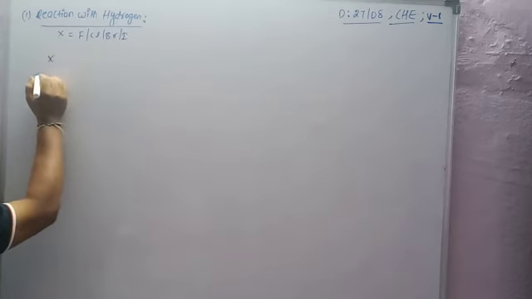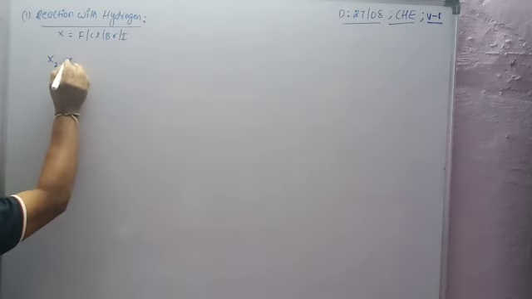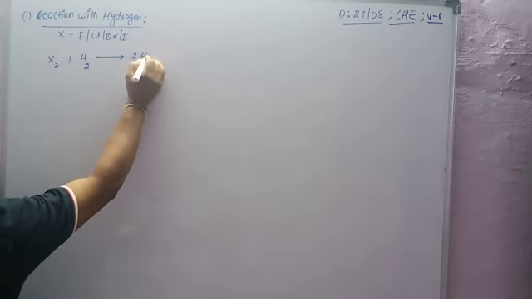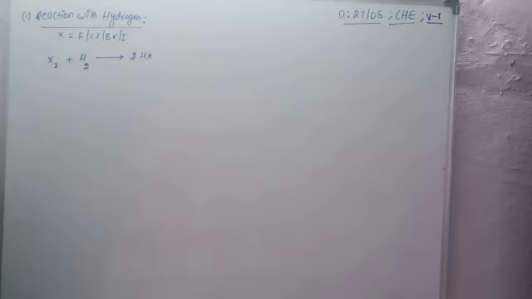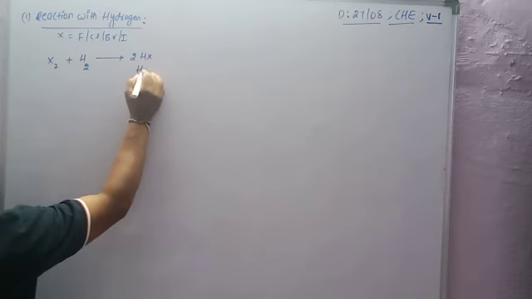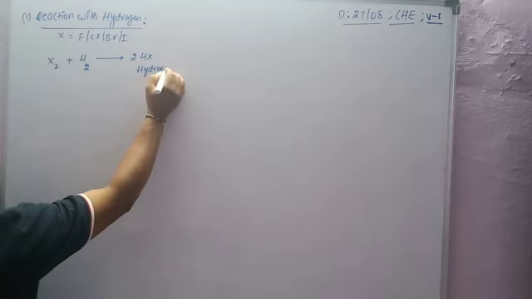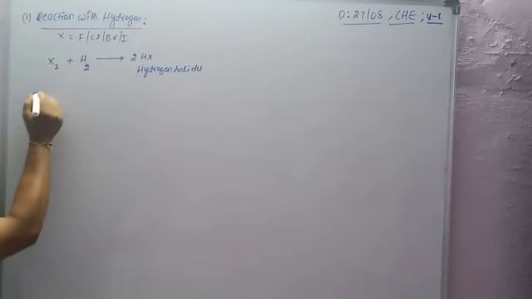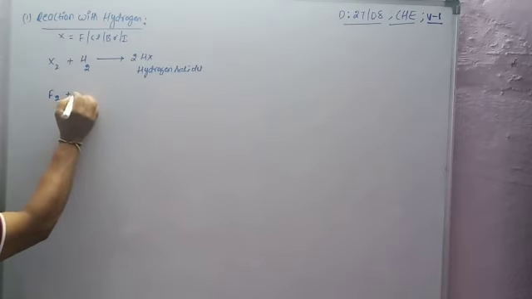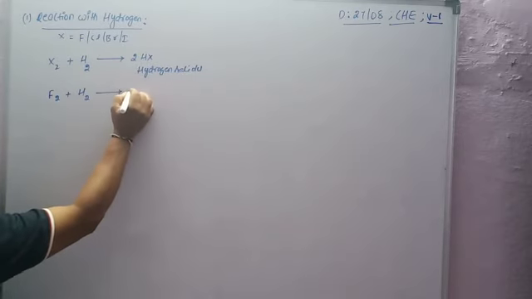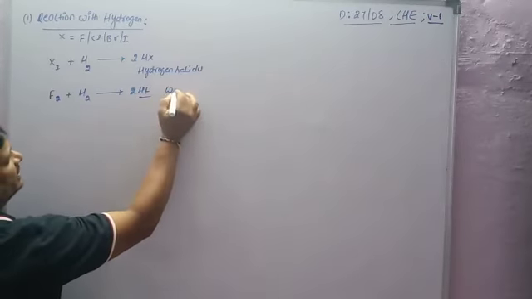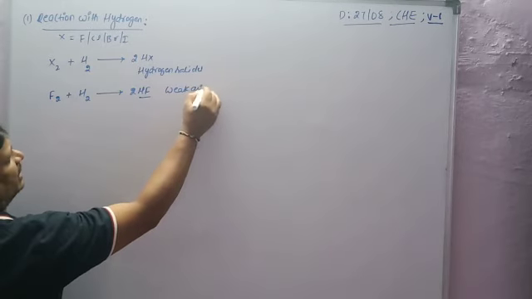Halogens X2 react with H2 to give HX type hydrogen halides. For example, F2 plus H2 gives 2HF, hydrofluoric acid, which is a weak acid.